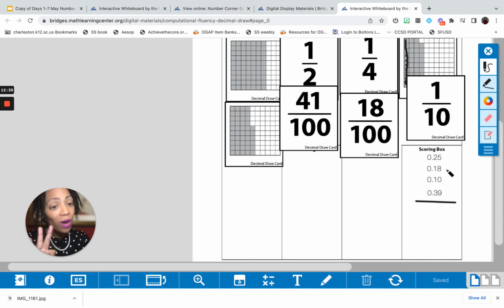And 9 and 1 is another 10, so that's 22. That means I have 2 tenths and then 2 hundredths for 22. And then I add 2, 4, here's 6, 7, 8, 9. I have 92 hundredths. Now you guys should pause this video so you can figure out your total.